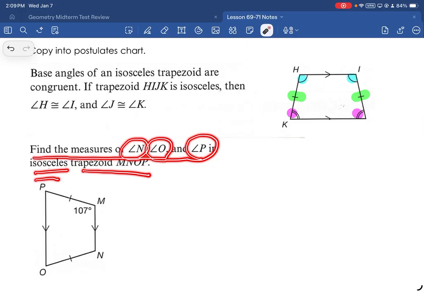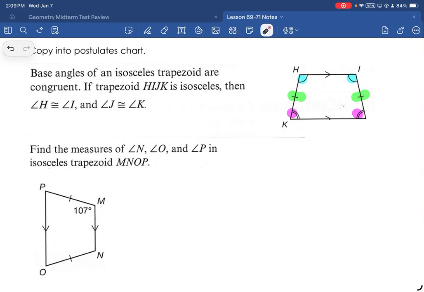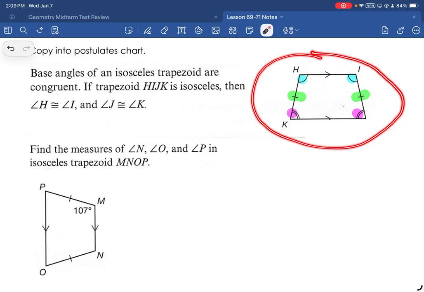Notice how they positioned the trapezoid vertically, like they rotated it. So be careful when you're looking at this one, right? Because that's not how they positioned it down here. So take a second to fill in those 3 missing angles and see what you get.